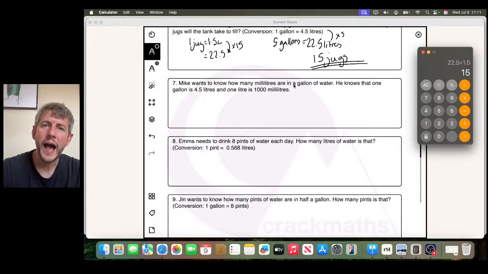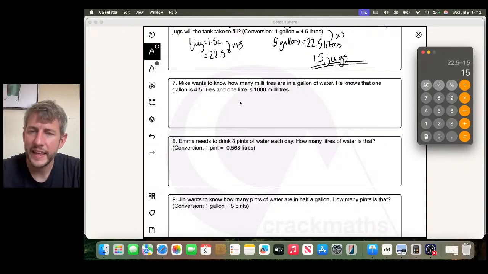Mike wants to know how many millilitres are in a gallon of water. He knows that 1 gallon is 4.5 litres. I'm going to just change that. That's mixed numbering.